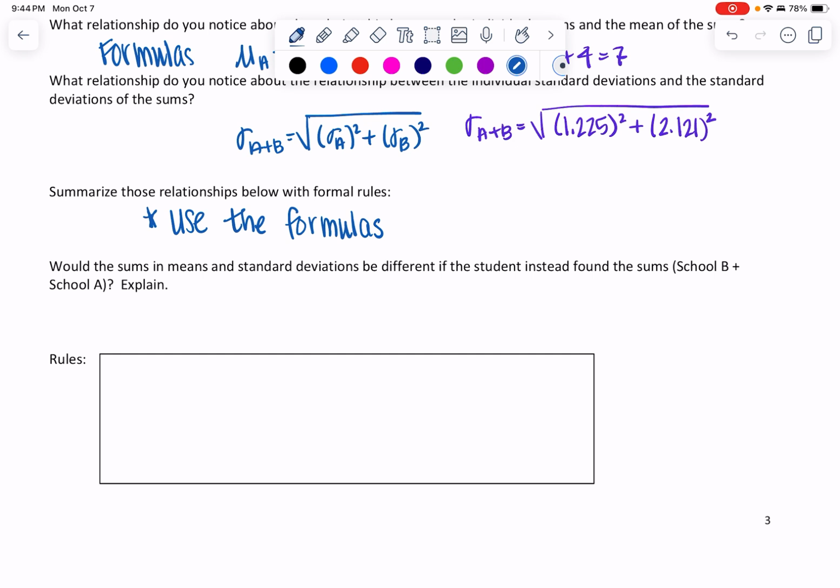Well, 4 plus 3 is the same as 3 plus 4, so no. Addition is commutative.